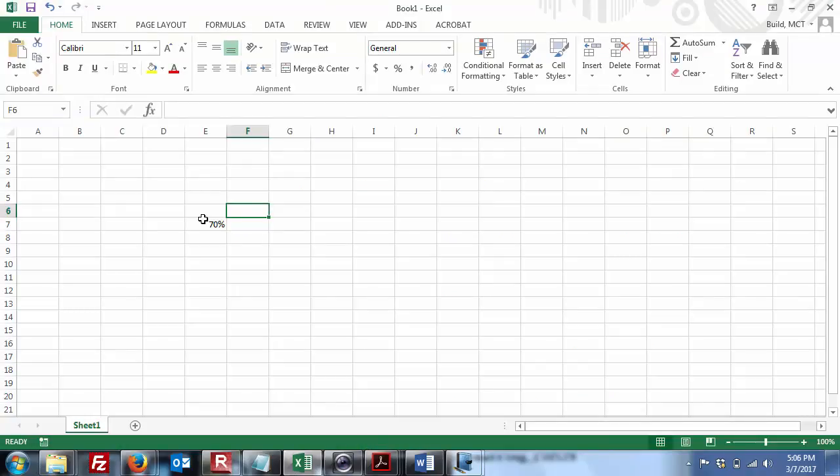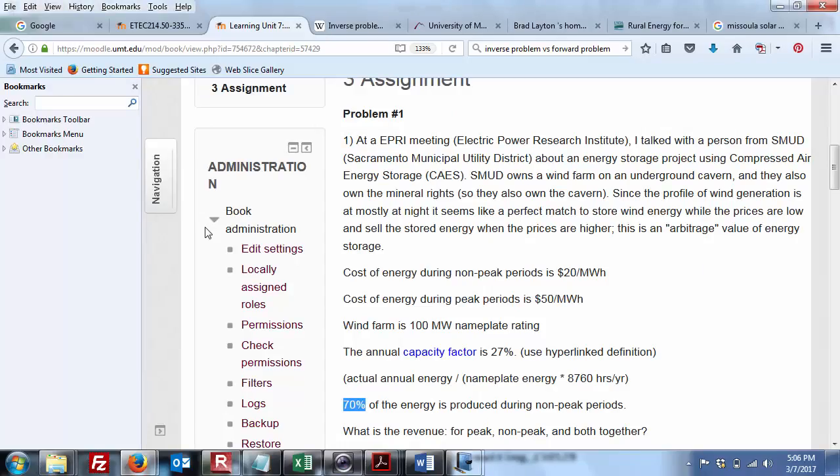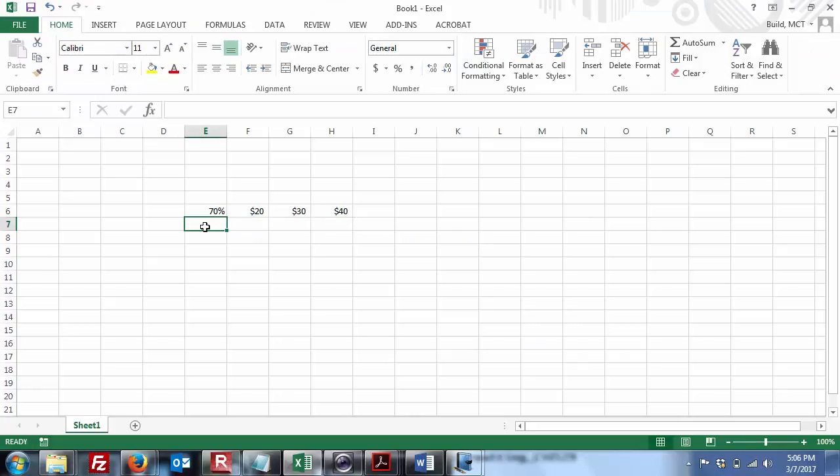So this would be $20, $30, $40, and down here, actually let's take this, Control X, Control V, and here it would be 50, 60, 70, and then you'd have basically 9 values, and you're just running at 70%.